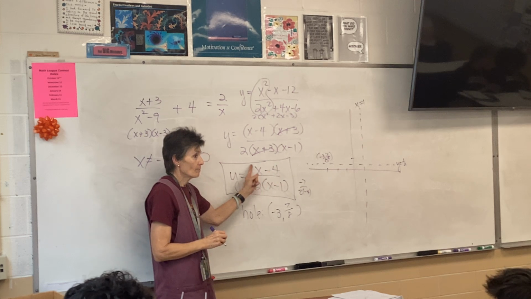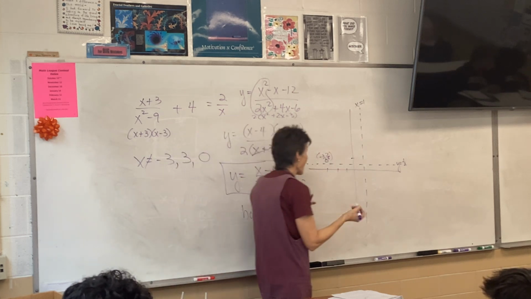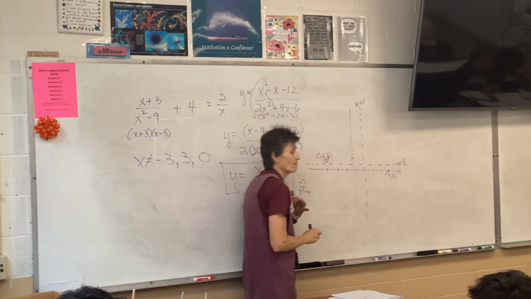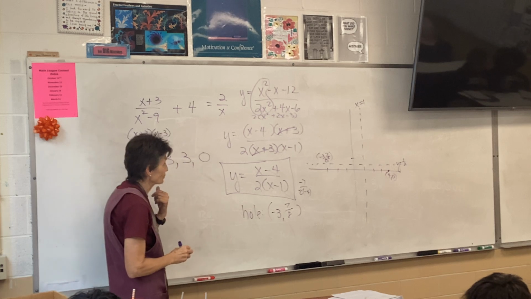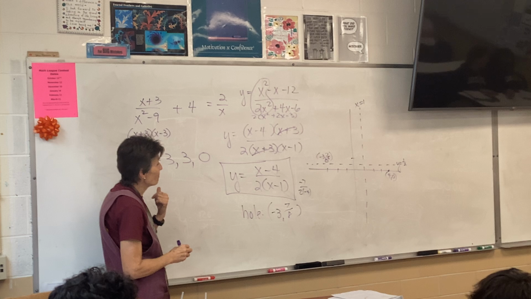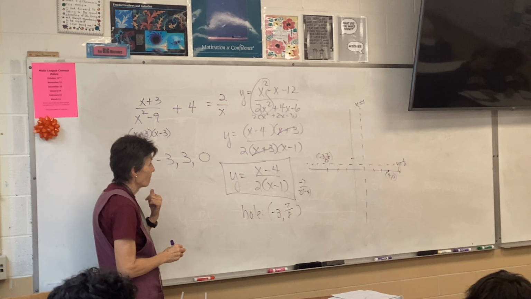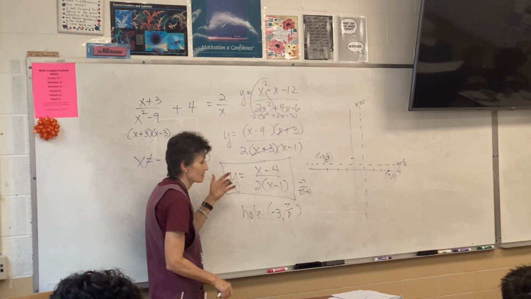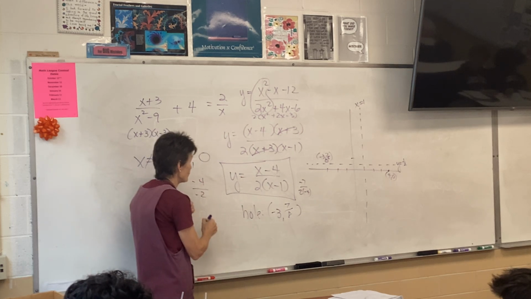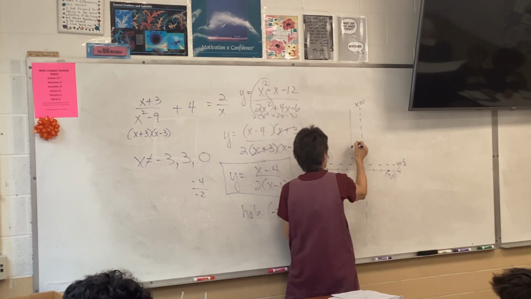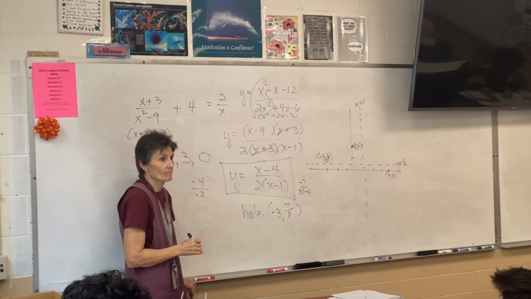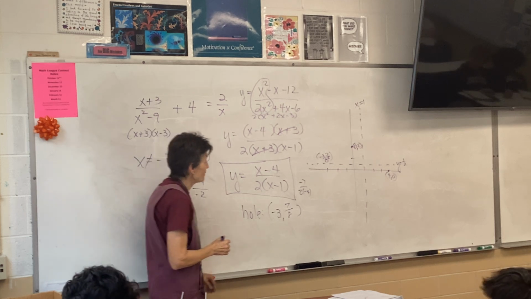So 0 at 4. At 4, the value of the function is 0. How do I find my y-intercept? Plug in zeros for x. So that would be negative 4 over negative 2. And then, draw a picture.